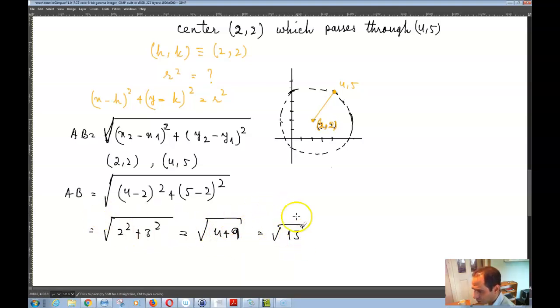So this distance is the square root of 13. That means that your r is equal to the square root of 13.